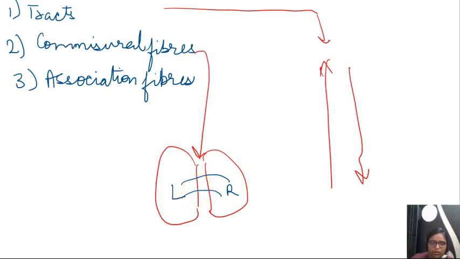Okay. And the last one which is left, your association fibers. These are connecting your brain from anterior to posterior. So these are called your association fibers. Clear? Okay. So then we will move to the next.